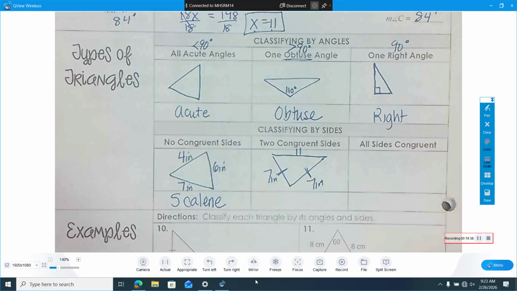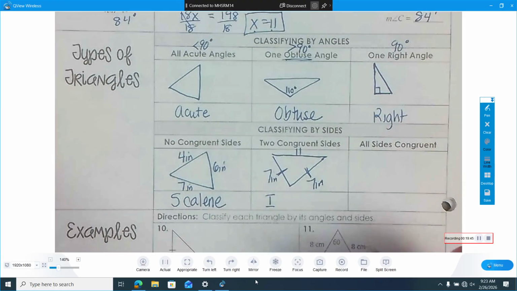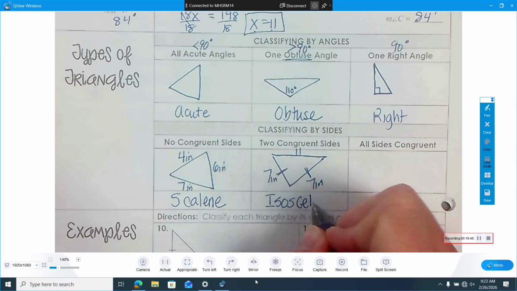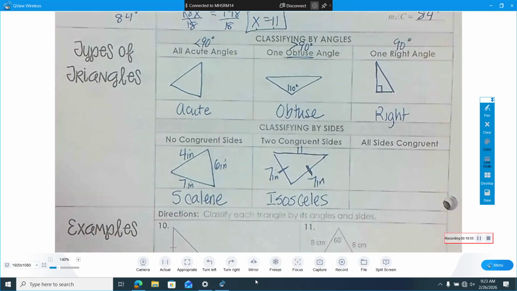This is called, does anyone know? Two congruent sides? Starts with an I. Very good. Isosceles. There are two congruent sides and a different side.